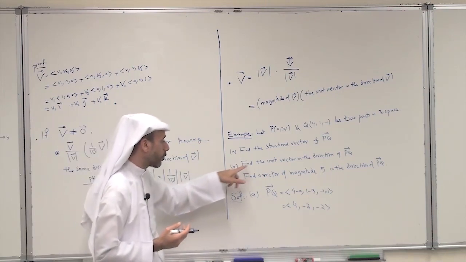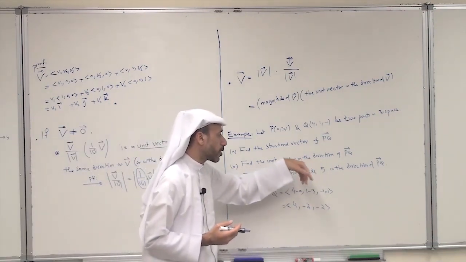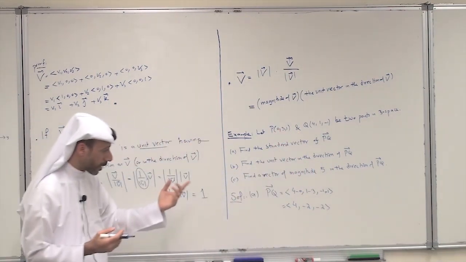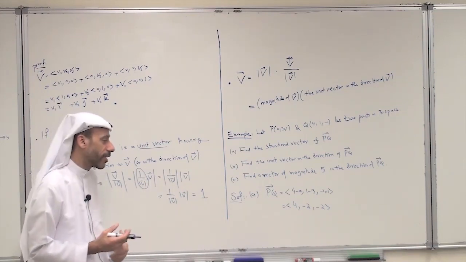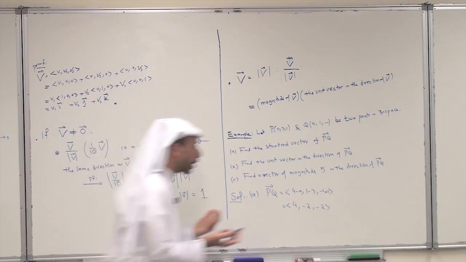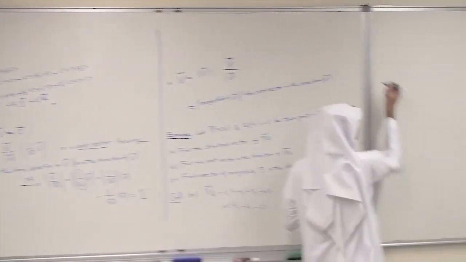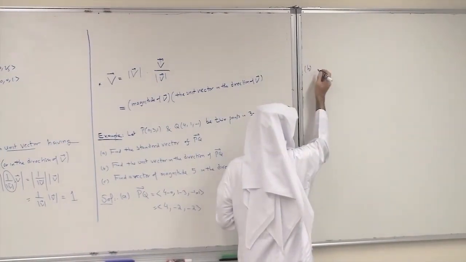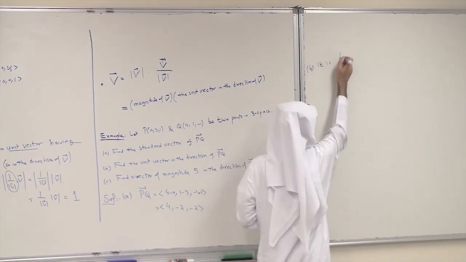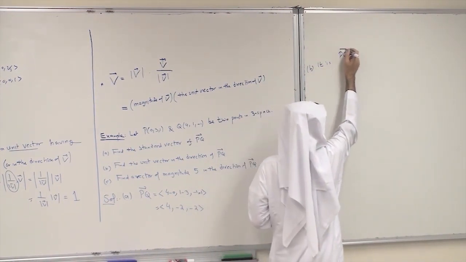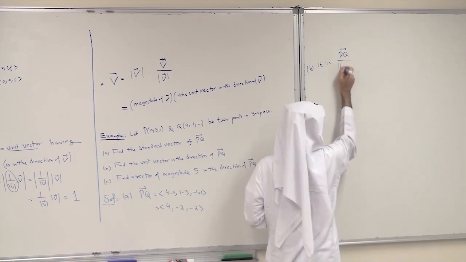For the second part, find the unit vector in the direction of PQ. So this is the vector PQ, and I need the unit vector in the direction of PQ. Just make it a unit vector. It is the vector PQ over its magnitude.